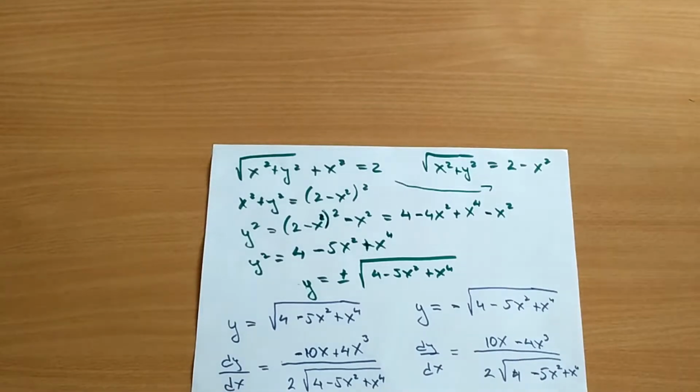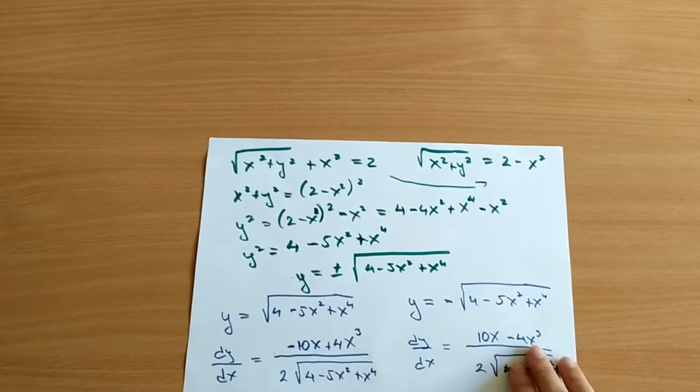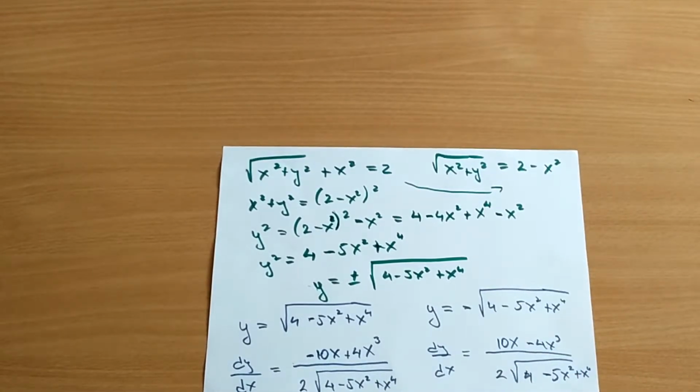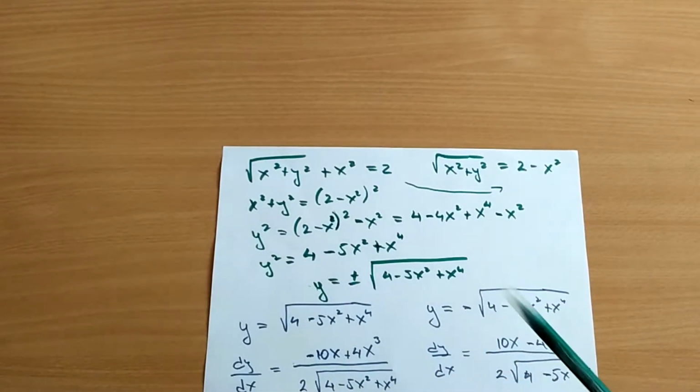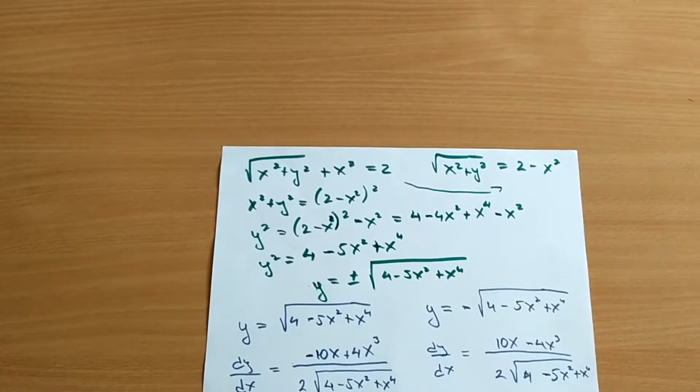When we expand the squared equation, we'll get that y squared is equal to 4 minus 5 times x squared plus x to the 4th power. And we'll get for y the plus minus of the square root of 4 minus 5 times x squared plus x to the 4th power.